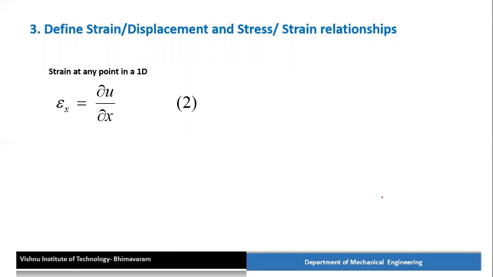Simple things we know from the mechanics of materials, we can say mechanics of solids subject. We know that this dou u by dou x, change in length by original length, that is called the strain. At the same time, stress at any point in one-dimensional case, stress in x direction is equal to E into strain. Here, what is capital E? It is Young's modulus, it is a material constant.